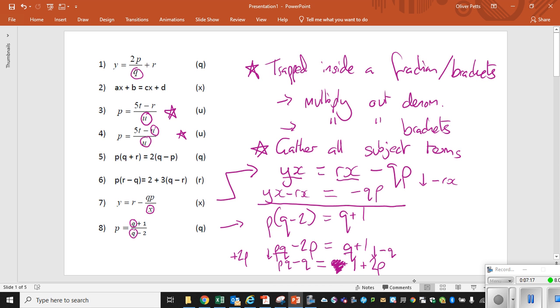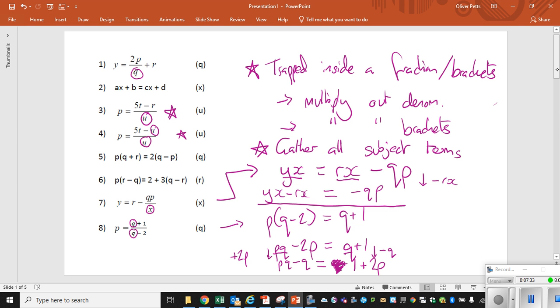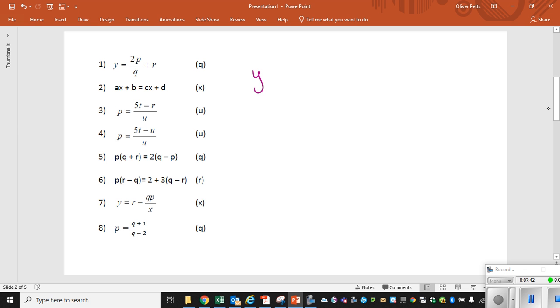So my terms involving Q on the left, my terms not involving Q on the right. Okay, so final stage, what I'm going to do is move on to a new slide so I've got enough room. And let's just copy down the two formulas that we ended up with. So question 7, what did we get up to? Yx minus Rx is equal to, what was it, minus QP.